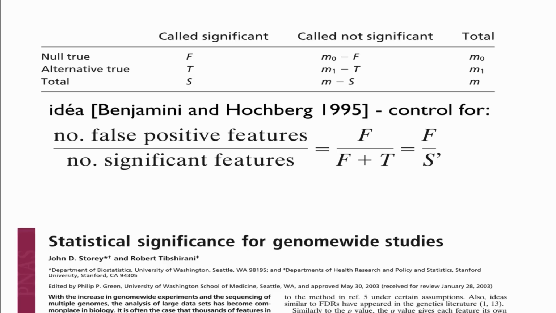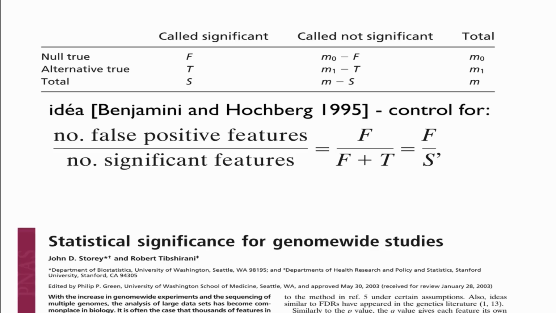The total number of p-values in our whole experiment is m, where m0 stems from the true null hypothesis and m1 from the alternative hypothesis. Not shown on the slide are two prior probabilities: pi0, the prior probability of conforming to the null hypothesis, and pi1, the probability of belonging to the alternative hypothesis.